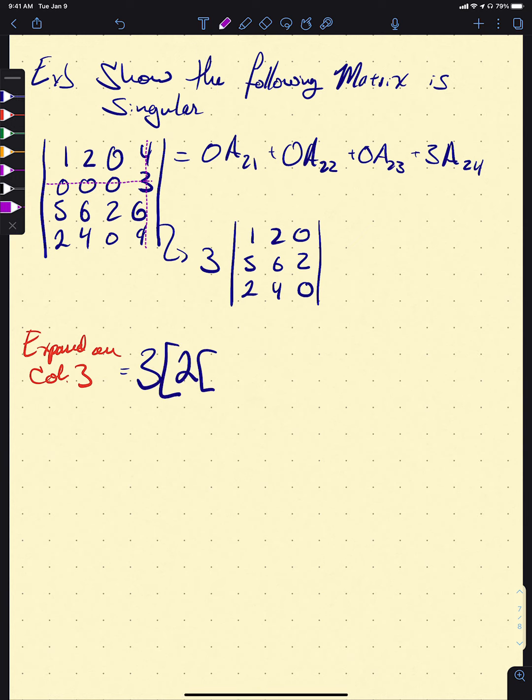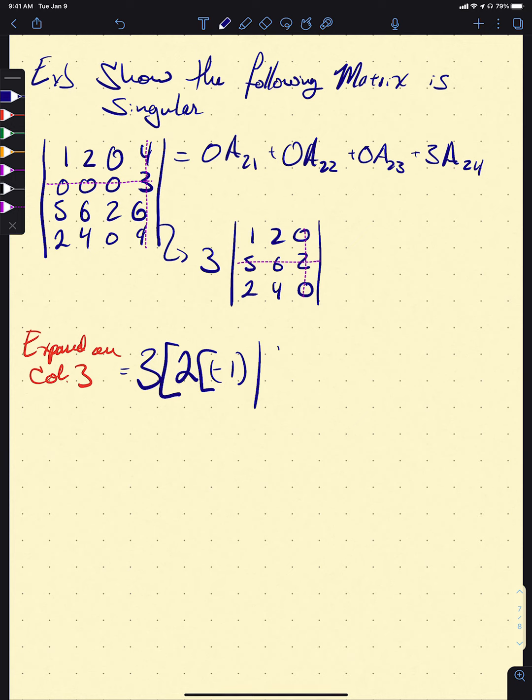But what's our cofactor here? Well, this is the second row in the third column, so we are going to have a factor of -1, right? Times what? Well, what's left over? We're going to have 1, 2, 2, 4, right? So then what happens there? We can combine our -1, our 2, and our 3 for a -6 times this smaller determinant, right?